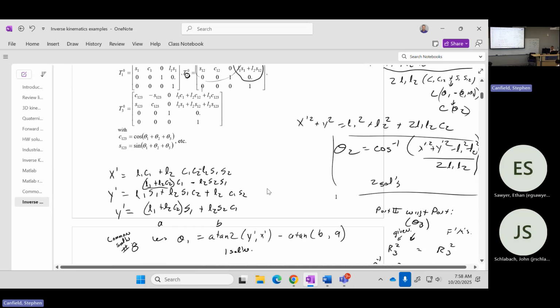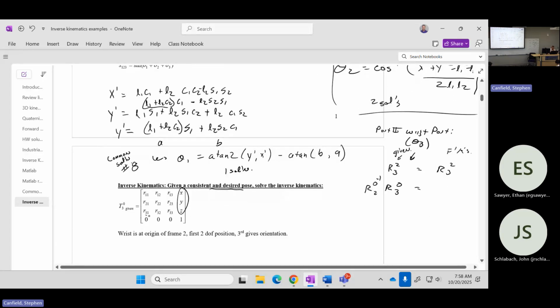I'll multiply by R30, which is right here, and that will give me numerical values, which I'm going to call prime. So R11 prime, R12 prime, R13 prime, R21 prime, R22 prime, and so on.